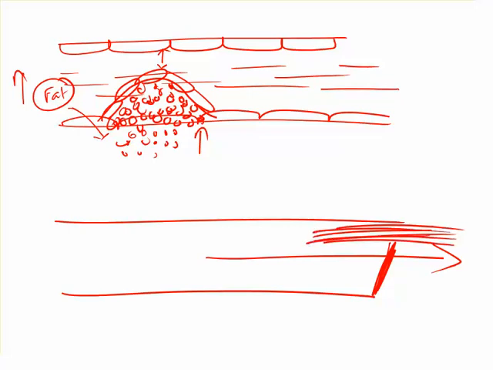Same mechanism here. When the lumen is obstructed because of fat deposition, this disease is called atherosclerosis, lipid deposition in the blood vessel.